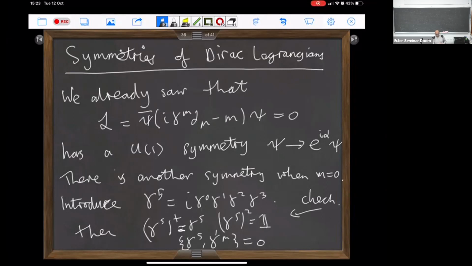That's the reason it's called gamma 5, because if I wrote down the Dirac algebra for gamma matrices in 5 dimensions, then gamma 5 would be the 5th gamma matrix. That's the reason it's got its name, but that's not the reason that it's important for the Dirac equation in 4 dimensions.